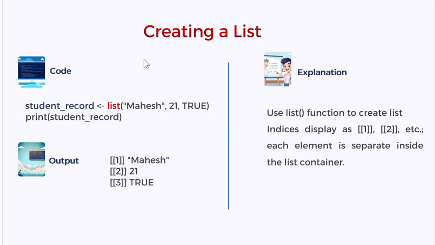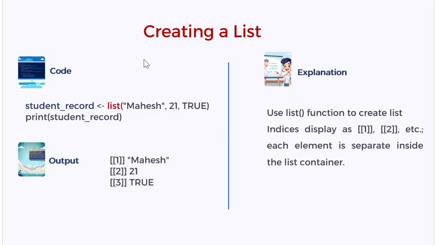How to print: like the list function, which is a built-in function, in order to display the contents we have a method called print. So print is a method which helps to display the contents on your screen or in your output terminal. You can see the explanation here. Use the list function to create a list.